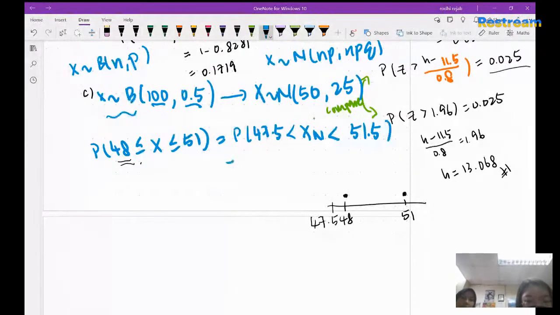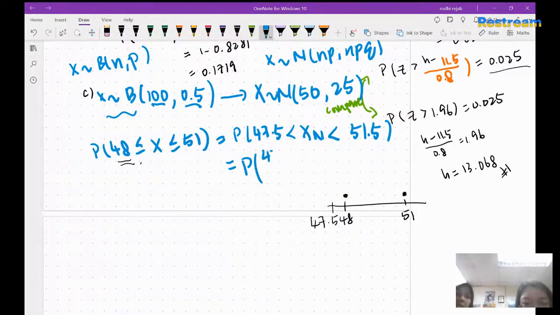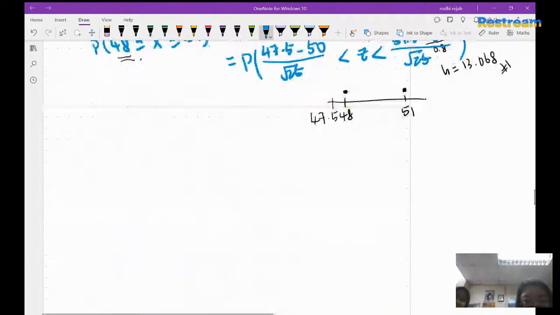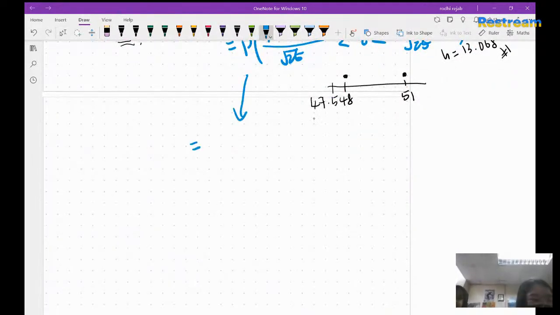Dan lepas tu kita tukar dia jadi Z dulu. 47.5 minus 50 divide by, 51.5 minus 50 divide by, okay, sini. Okay, dan kami akan dapat negative 0.5, Z 0.3.